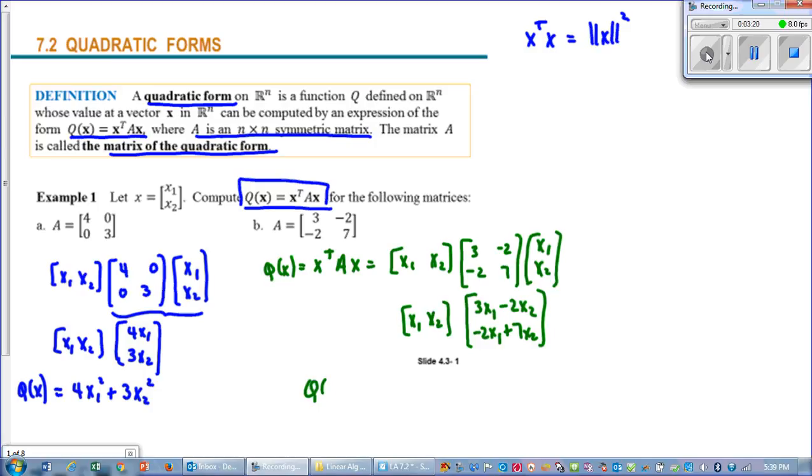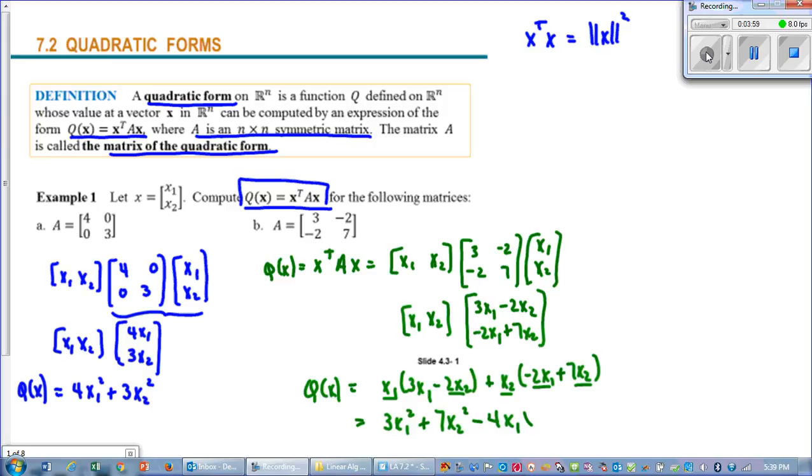So our q of x is x1 times 3x1 minus 2x2 plus x2 times minus 2x1 plus 7x2. I get 3x1 squared, plus 7x2 squared. And then I have minus 2x1x2 and a minus 2x1x2, so minus 4x1x2.